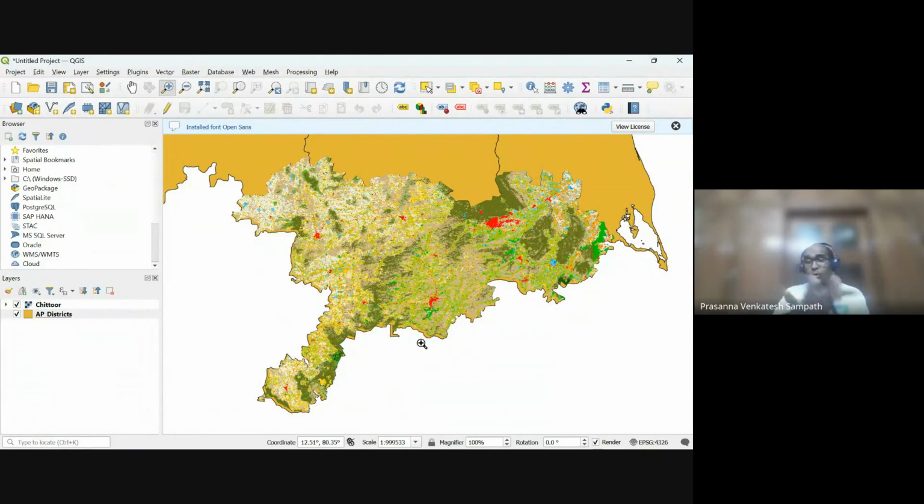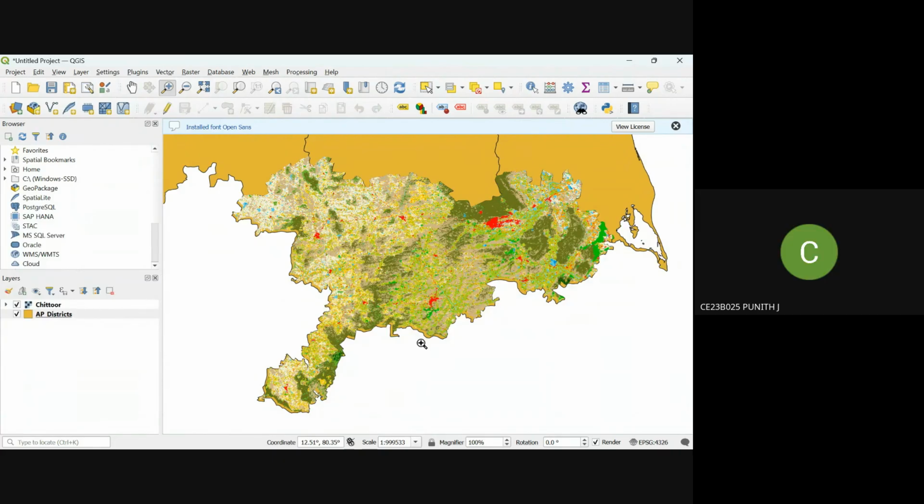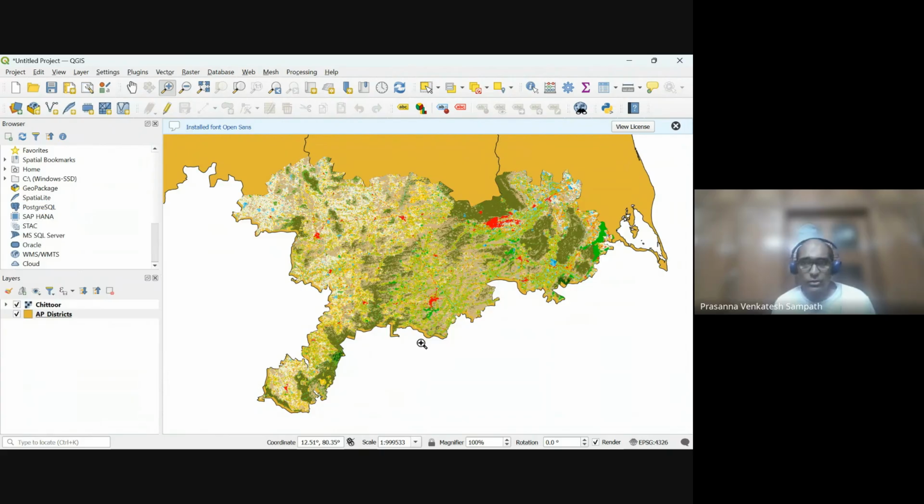Okay, so now what this map is showing is the different types of land use in the different parts of Chittoor district. Now, can anybody guess what this red color indicates? Any guesses? Populated area. Urban areas, right? So wherever you see red, that is an urban area.